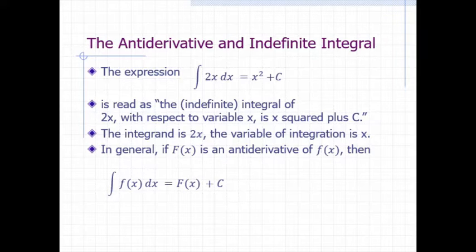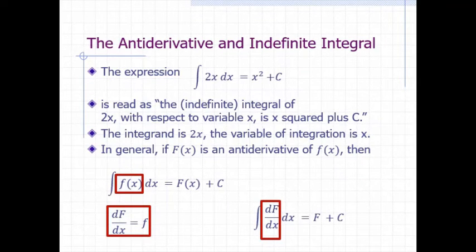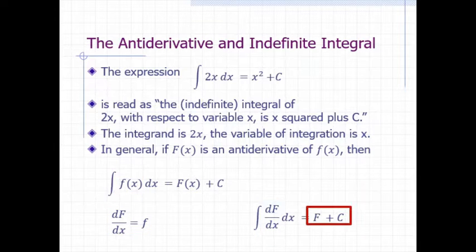Since the derivative of big F is little f, we can also say that the integral of the derivative of any function is equal to the function itself plus an arbitrary constant. In other words, taking the indefinite integral essentially means reversing the differentiation, but we add an arbitrary constant.